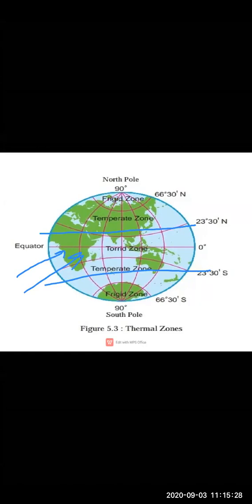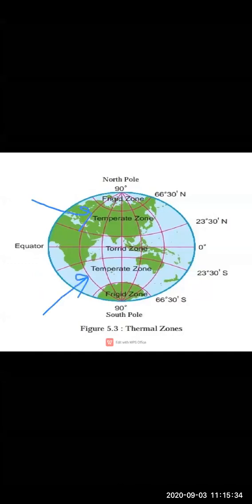Now moving ahead, we are going to study the temperate zone. Now what happens here, children? Here in the temperate zone, as I have told you, temperate means not very hot and not very cold.